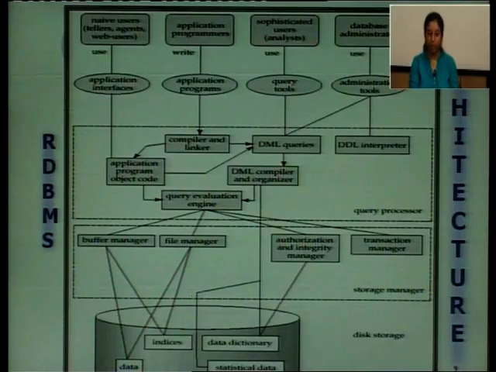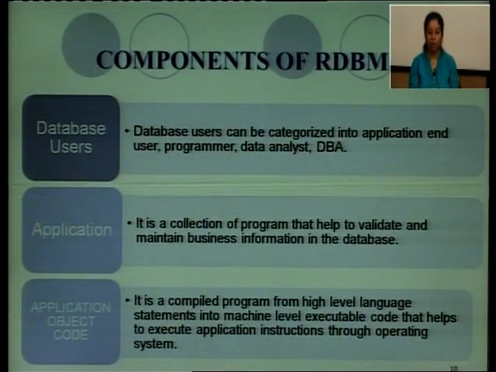Now I move to the next slide. Next, very important are the components of a relational database management system. This concept includes database users. We already discussed in the previous slide what kind of users, then the applications, then the application object codes. The database users can be categorized into application user, programmer, data analyst and database administrator.